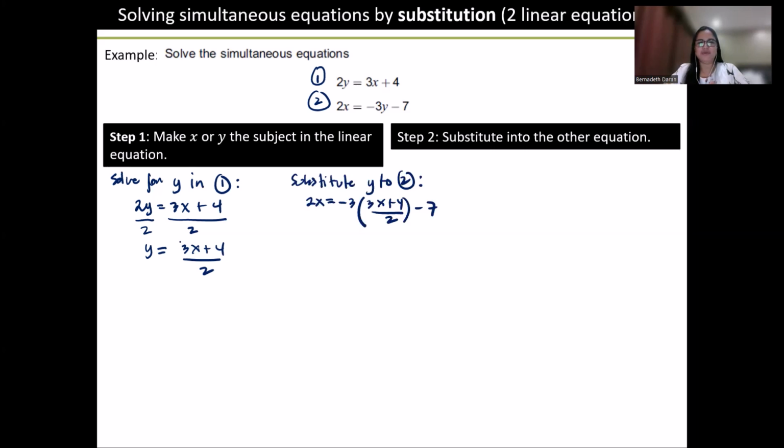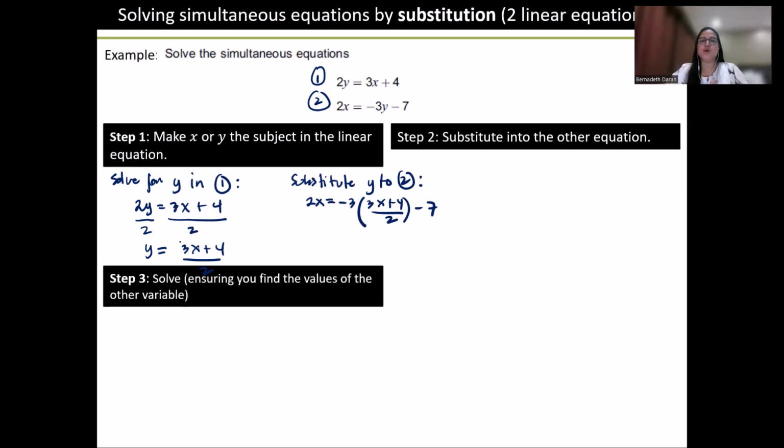Okay, and afterwards, we are going to solve for the value of x. So this is now going to be 2x is equal to negative 9x minus 12 all over 2 minus 7.